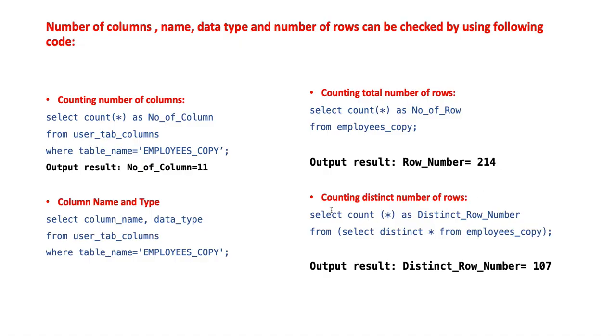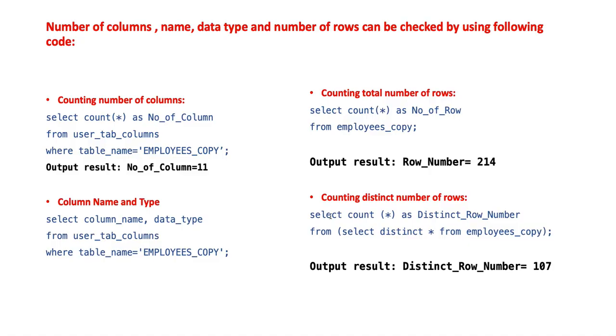Fourth one is counting the distinct number of rows. A table may have duplicated records, so to count the number of distinct records, we use the following code.